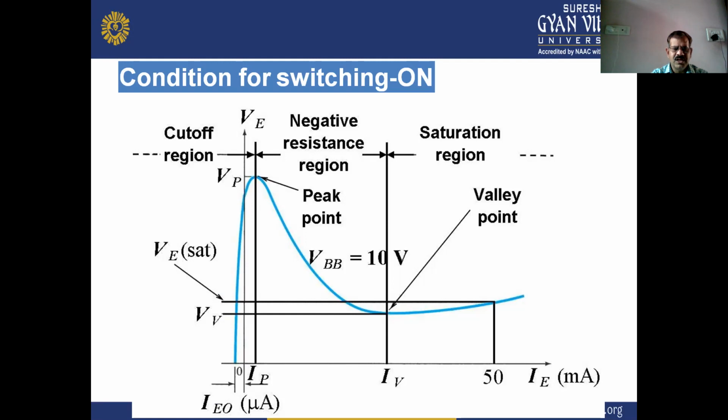So here VE saturation is greater than the valley voltage, and here IV is the valley current and VV is the valley voltage. So VP is the peak point voltage for the UJT in switching on mode.